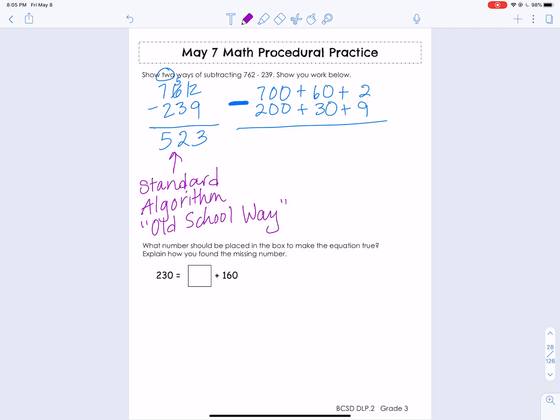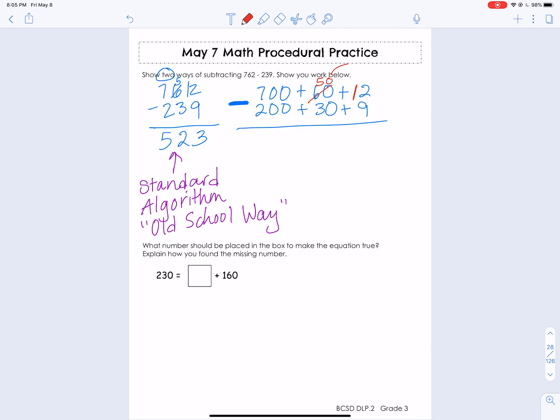Now this other way with the expanded form, we start off the same way. I can't do 2 minus 9, so I've got to go next door. Then I'm going to take away 10 from my 60, and I'm left with 50, which gives me a 10 to put right there.